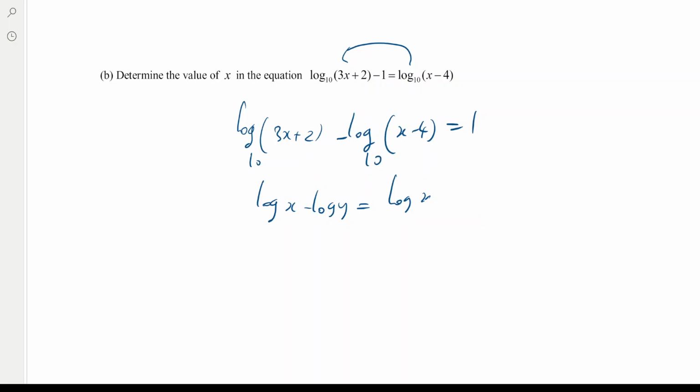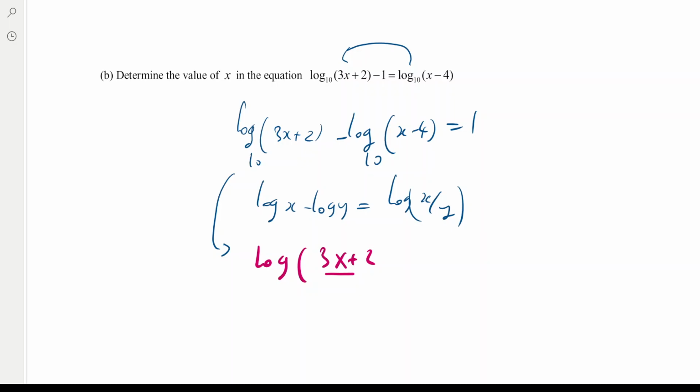By using the same law, we will say that log of 3x plus 2 over x minus 4 to base 10 equals 1. Expressing this in exponential form, you have 10 power 1 equals 3x plus 2 over x minus 4. So now you'll have 10 times x minus 4 equals 3x plus 2.